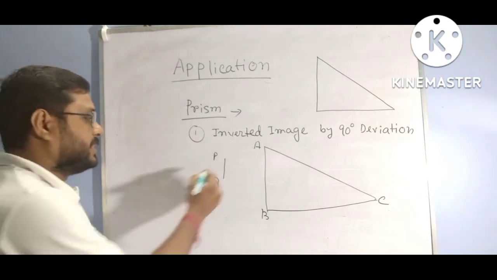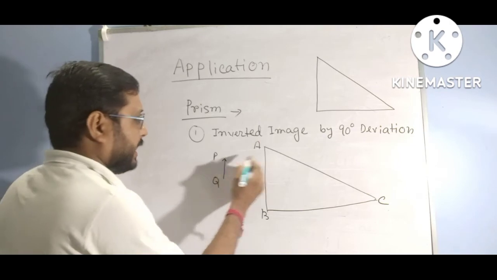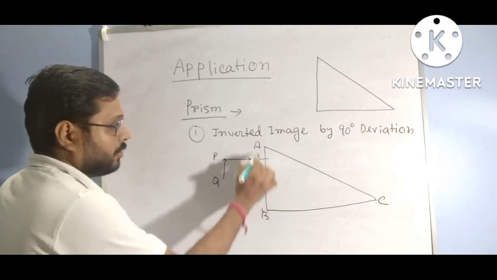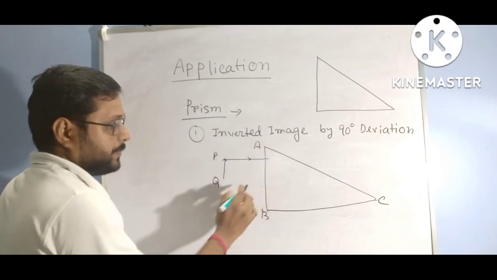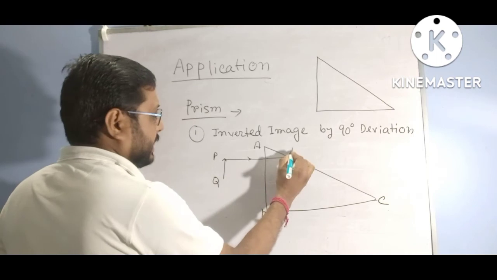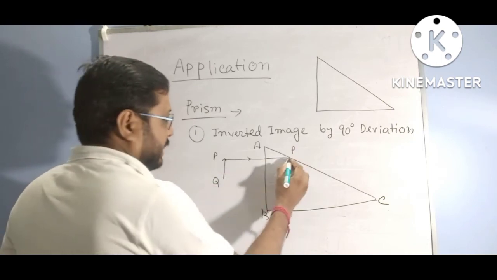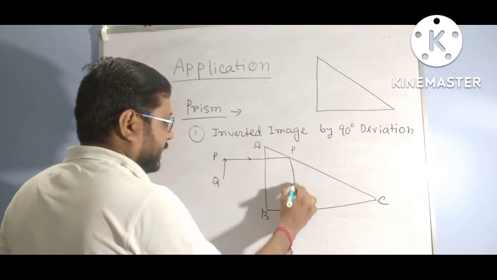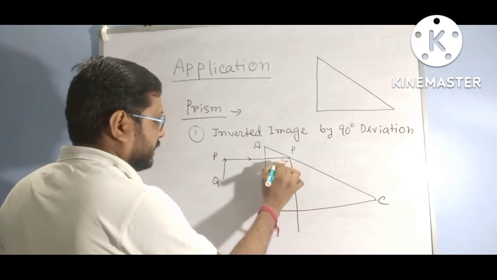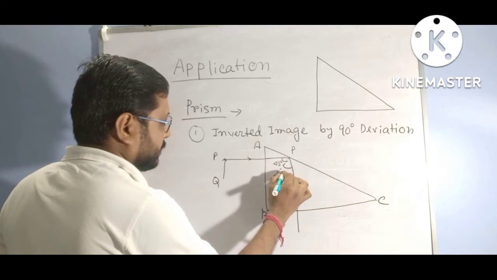If this is an object, a ray is incident normally on the shorter face AB and it makes an incidence at the point P and suffers a 90-degree deviation. This angle is 45-degree angle of incidence and this is 45-degree.